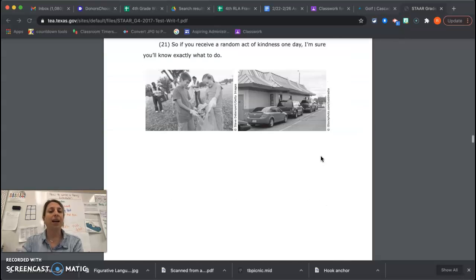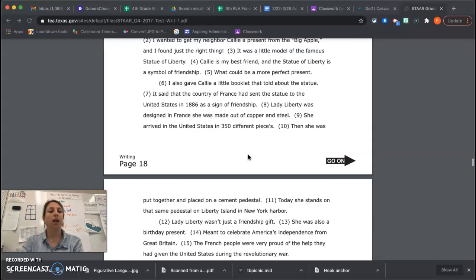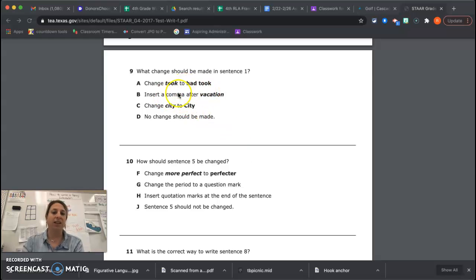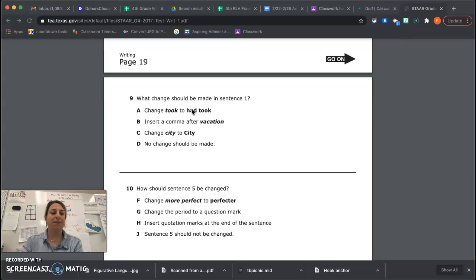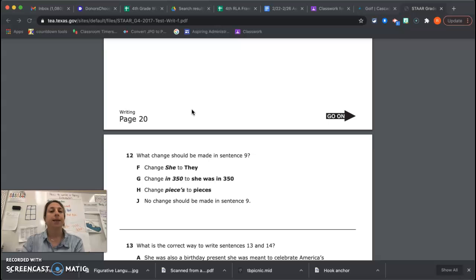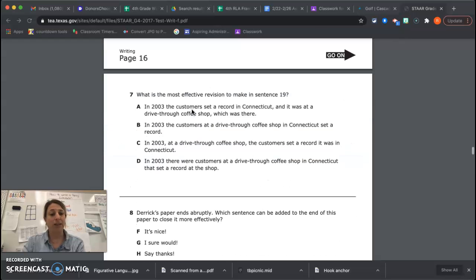And then you're going to have quite a few of the editing questions where you have to check the spelling, insert a comma, capitalize something, and have those kinds of questions. And so there will be 24 questions total. I think there are 8, if I'm correct.